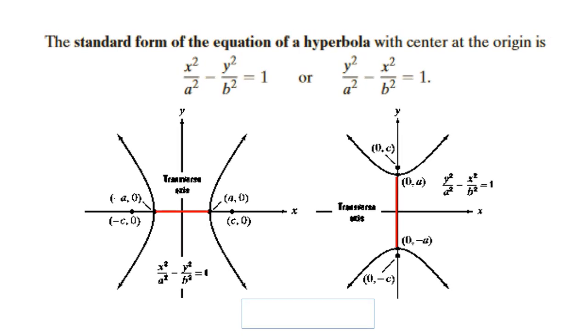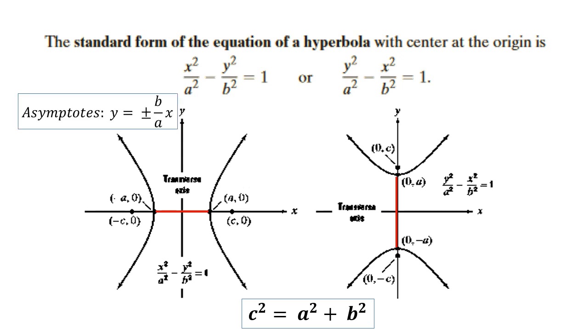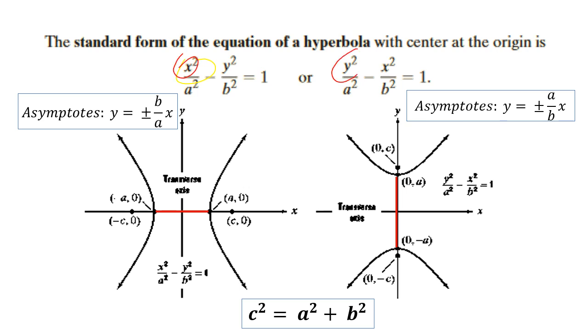Now the standard equation of a hyperbola centered at the origin is as such. Keep in mind we have asymptotes, and c squared here is a squared plus b squared. And these are the equations of the asymptotes. The red part is the transverse axis. Now notice here the position of a squared and b squared doesn't change; it depends on whether we're starting with x squared or with y squared.